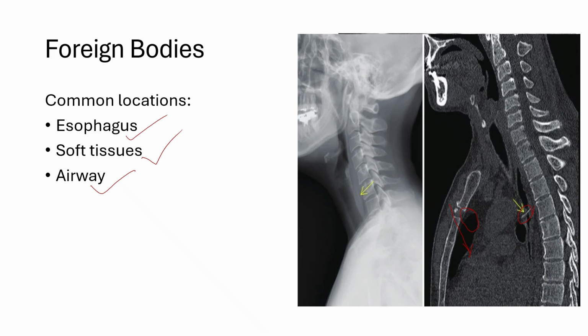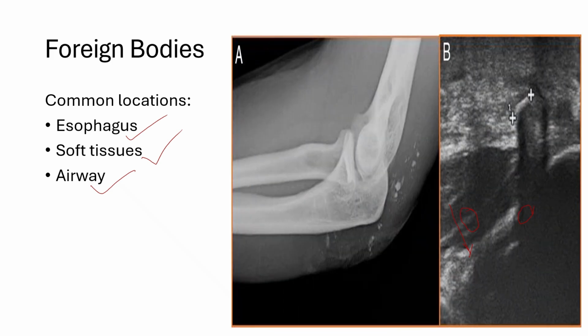Now another is the soft tissue foreign body. We can see here this is the ultrasound showing a linear echogenic object with posterior acoustic shadow. This suggests the foreign body. We can see here soft tissue foreign body.